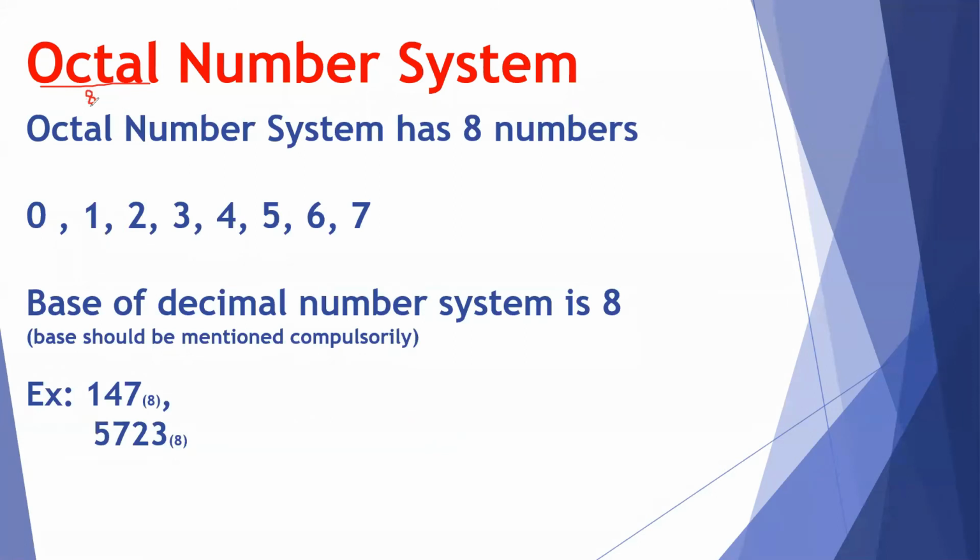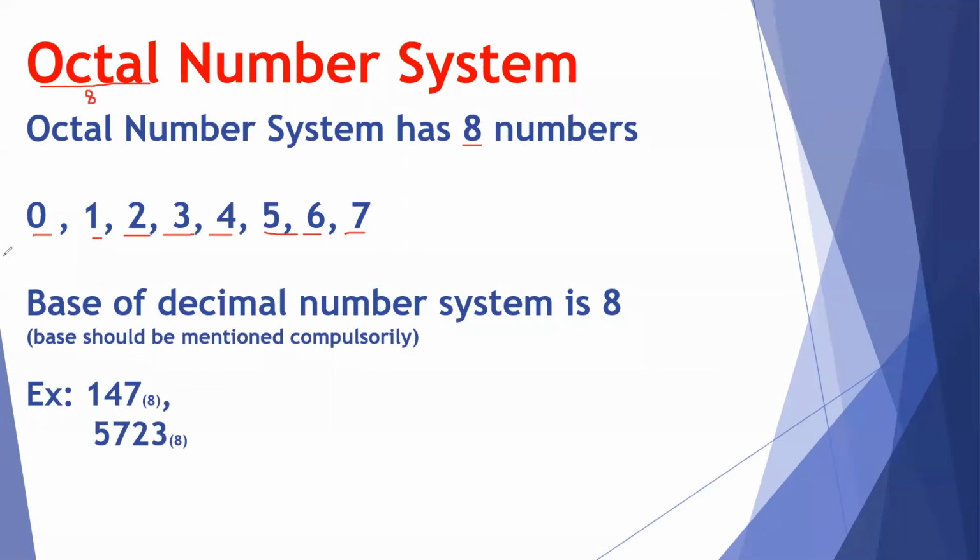That's why the numbers should be 8 in number. So the octal number system has 8 numbers. Let us begin from 0: 0, 1, 2, 3, 4, 5, 6, and 7. In total, there are 8 numbers. 1 to 7 is 7 numbers, including 0 it becomes 8.